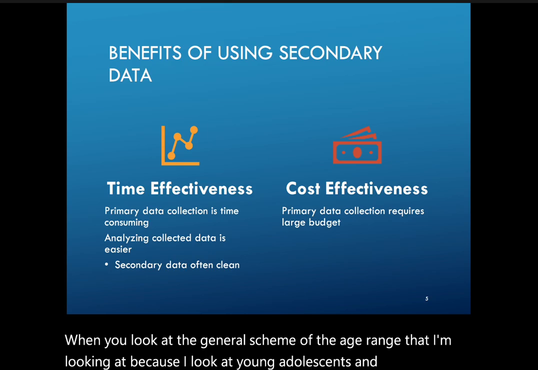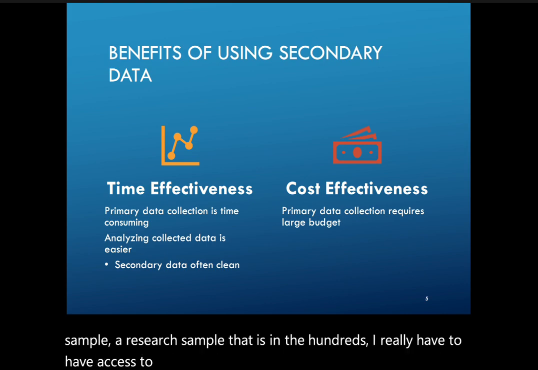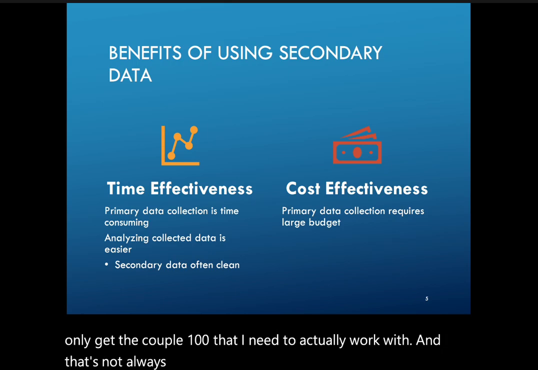And if I want a research sample that is in the hundreds, I really have to have access to over 100,000 people participating in my study to only get the couple hundred that I need to actually work with. And that's not always feasible, nor is that cost effective.